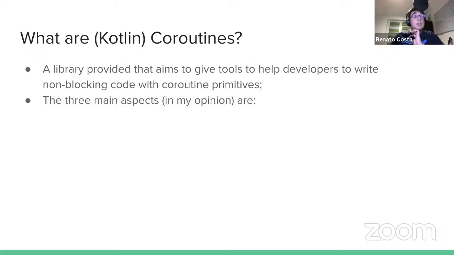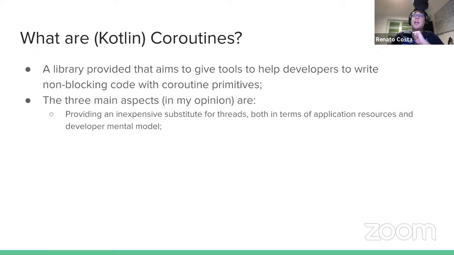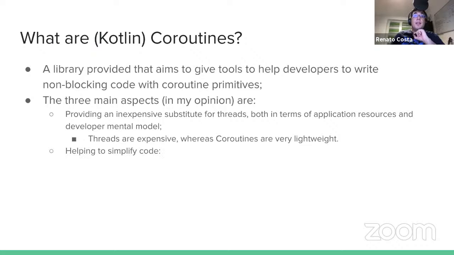And it's amazing because of three things, in my opinion. Okay, it's a very inexpensive mental model for threads. As I mentioned before, it's not that the coroutine is a thread, but you can think about it as a thread in terms of application resources and mental model. Think about this as a heuristic: threads are expensive, coroutines are very lightweight.